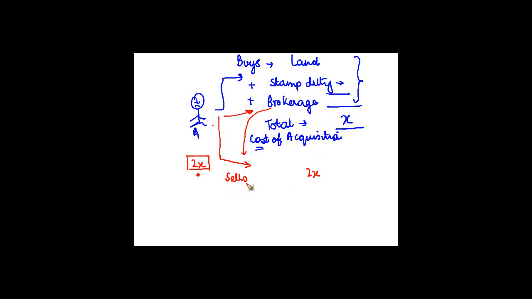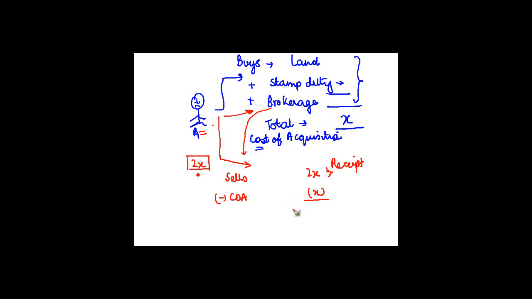Now, this is not the income actually. This is the receipt, if I may call it. But what is the profit that this gentleman made? The profit he made was this 2x minus cost of acquisition. If I give you 10 rupees and tell you to go and get something from the market and sell it to someone else, let's say a pair of shoes.